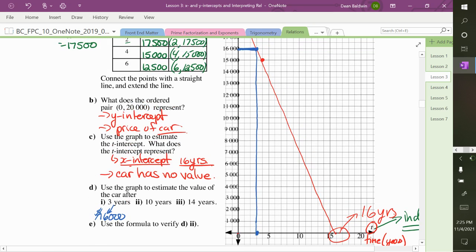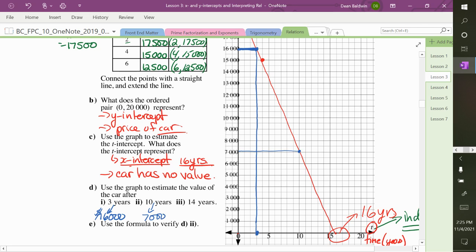Can you do 10 years? How much will it be worth after 10 years? Just approximate it, obviously, because everybody's graph is going to be slightly different. I'm just going to say 7,000.